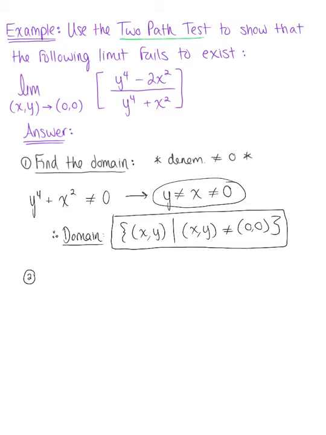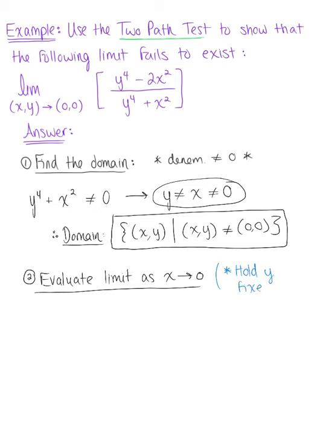Now what we want to do is evaluate the limit as x approaches 0. We want to make a note to ourselves: we're going to hold y fixed. In other words, we're going to treat y like a constant. Don't touch it.